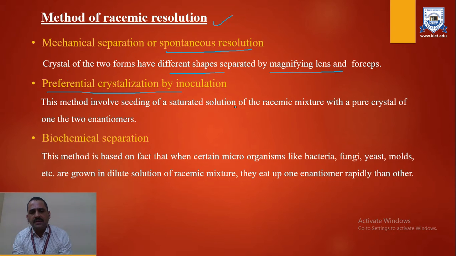In this method, we add some microorganisms like bacteria, fungus, yeast, molds into the racemic mixture, and these microbes eat one type of isomer, by which we can easily get the other type of isomer from the racemic mixture.